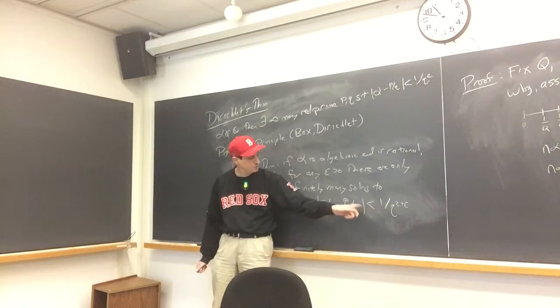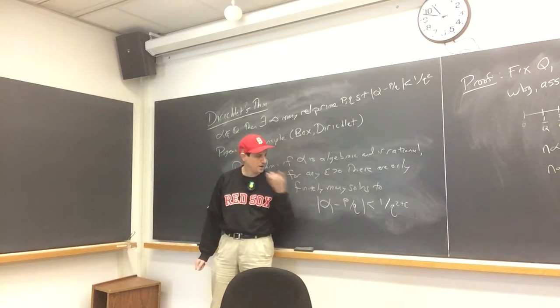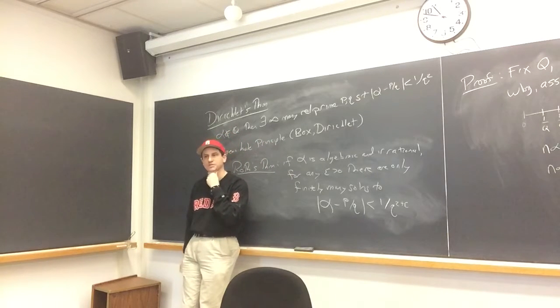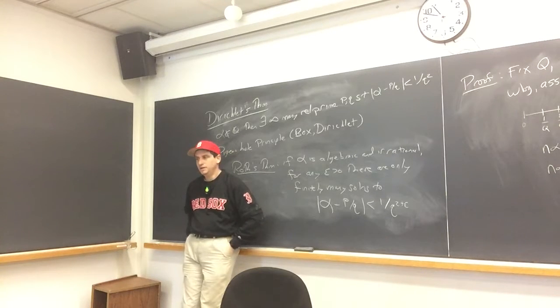So imagine I could approximate my number alpha by 1 over q cubed infinitely often. What can you deduce? It's not algebraic and irrational. And so this becomes a way to construct certain types of transcendental numbers.